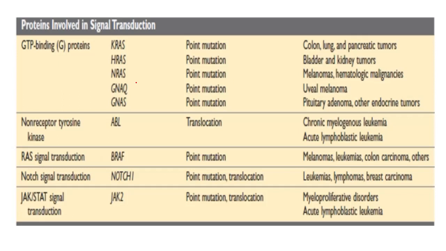And the non-receptor tyrosine kinase ABL is mutated due to translocation in chronic myelogenous leukemia. RAS signal transduction mutations are seen in melanomas, leukemias, colon carcinoma, and others. Notch signal transduction is seen in leukemia, lymphoma, and breast carcinoma.